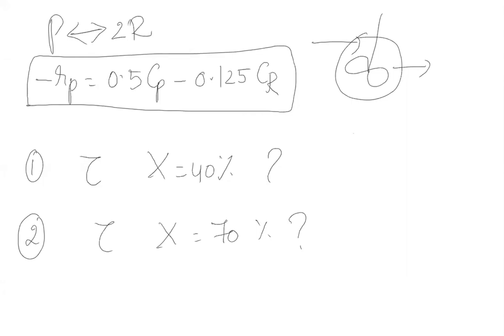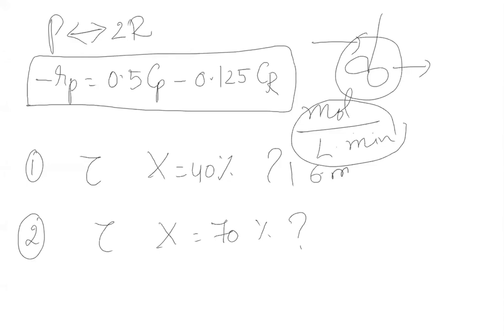Units of RA is moles per liter per minute. This is very important. I think somebody is asking about units of rate regularly. This is important because units of rate will determine what the units of tau are. I think first one is 1.6 minutes.